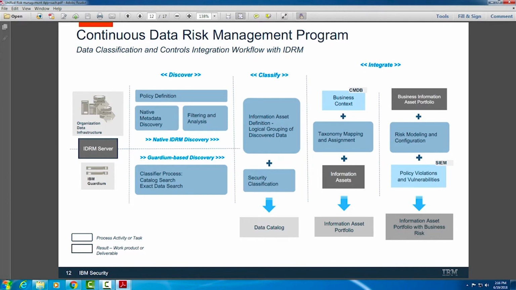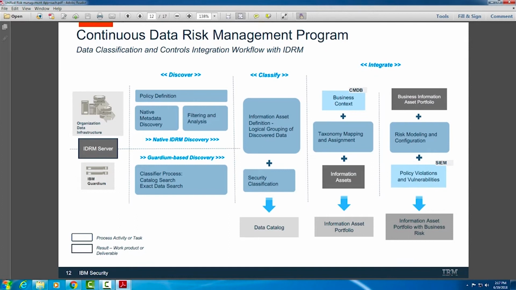So we use IBM Guardium as an integration platform, and as I told you, we do this discovery and classification of the data, and then integrate that and move it to the dashboard.